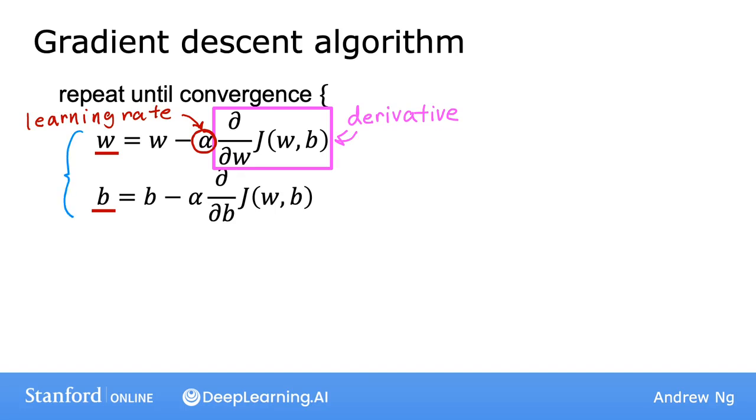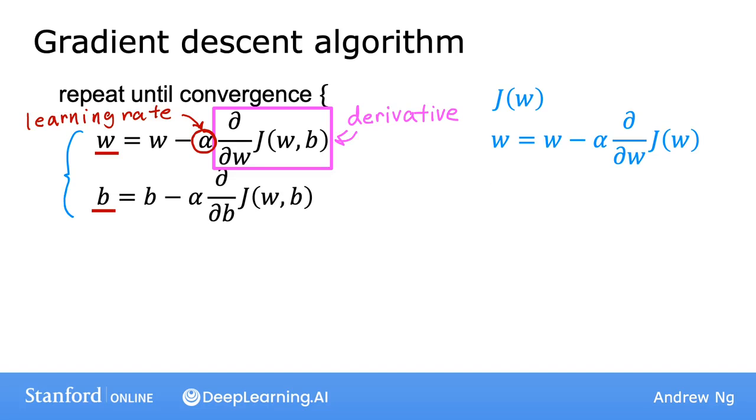In order to do this, let's use a slightly simpler example where we work on minimizing just one parameter. Let's say that you have a cost function J of just one parameter w, where w is a number. This means that gradient descent now looks like this: w is updated to w minus the learning rate alpha times d over dw of J of w.